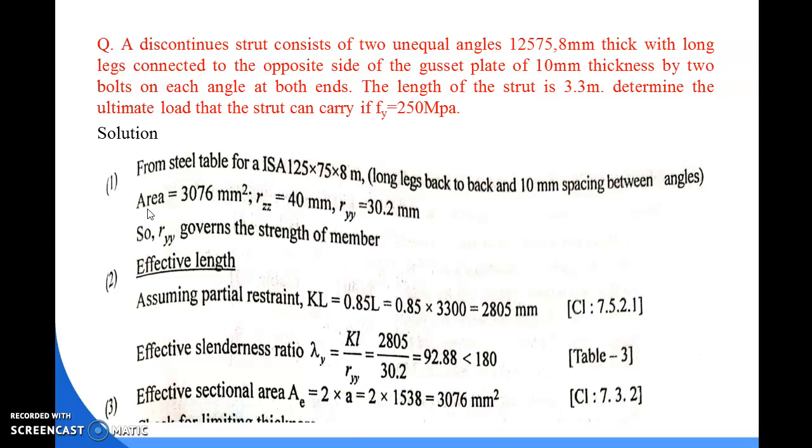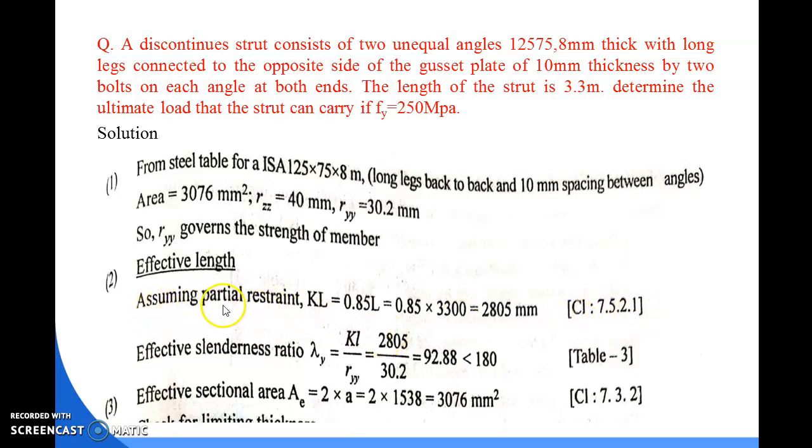And for the angle section, the effective length of the section will be 0.85 times the actual length, which is already given in the IS code 800:2007 in clause number 7.5.2.1.